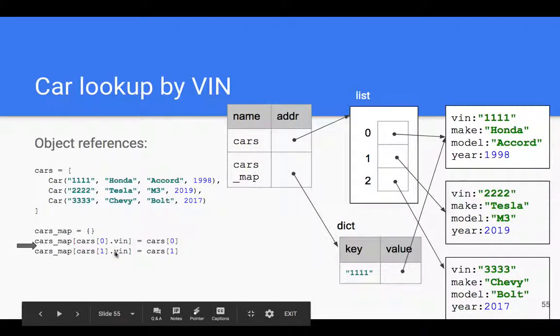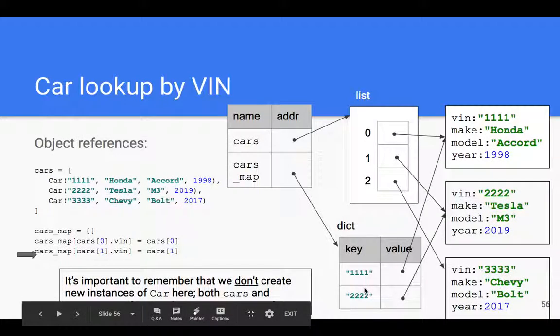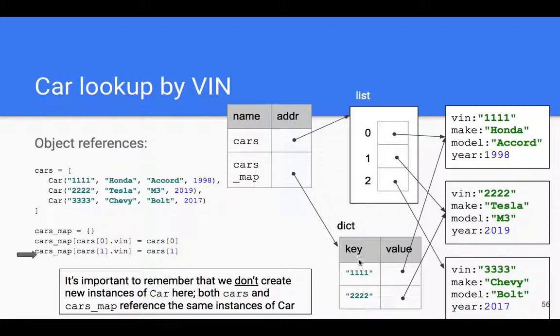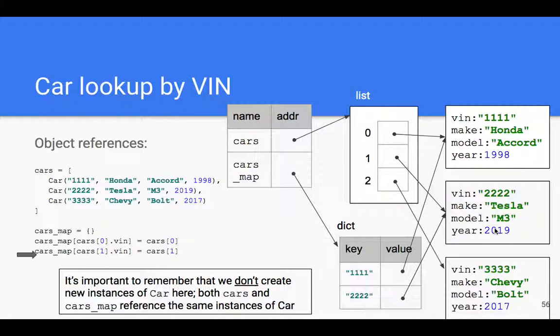And then, as you would expect, if we execute the next line, car 1's VIN is 2222, so that becomes our key, and the value would be pointing to cars 1, which points to the second car.